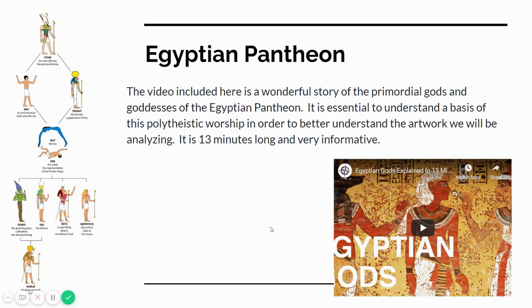There's no fluff, but it's very informative, and it will help you tremendously as we analyze the images under the Egyptian content. Everything that we look at two-dimensionally, three-dimensionally, and architecturally references these primordial gods in some way.